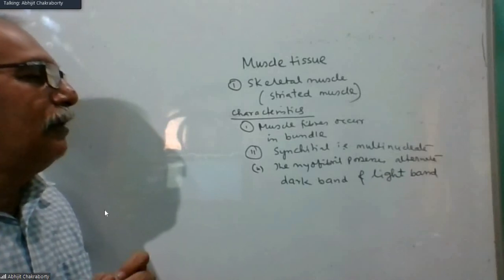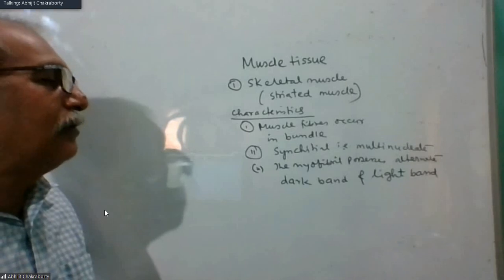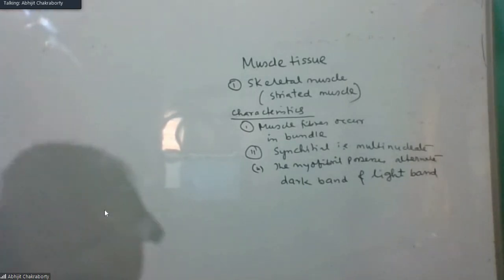As alternate dark and light bands are always found, it is called striated muscle.